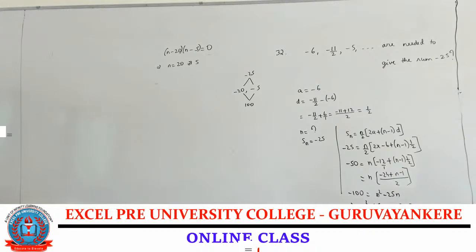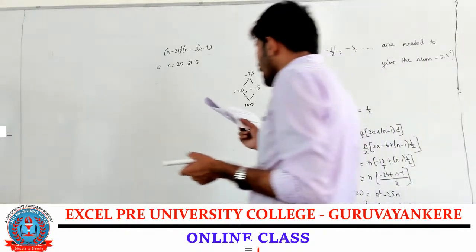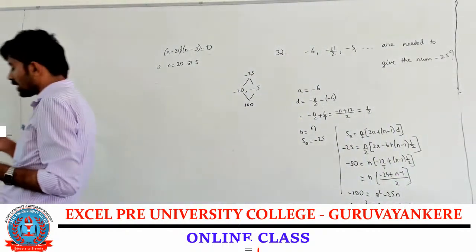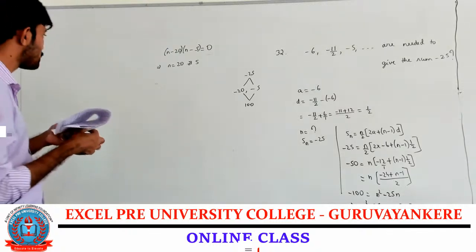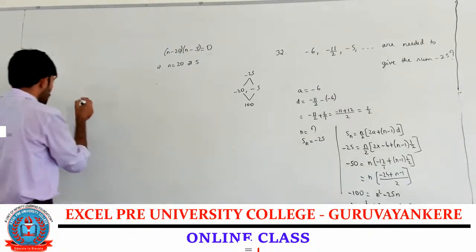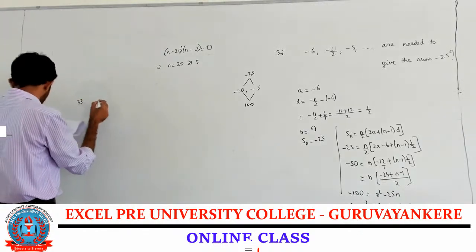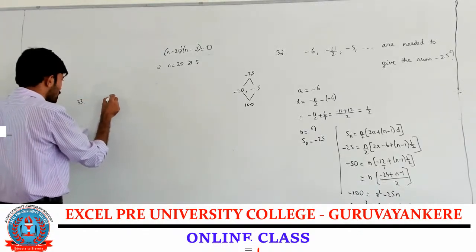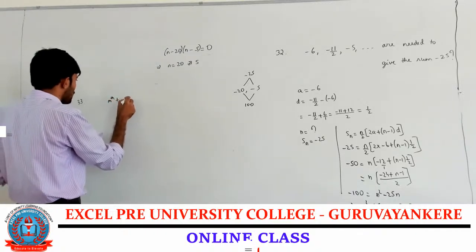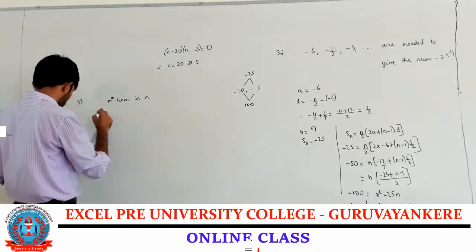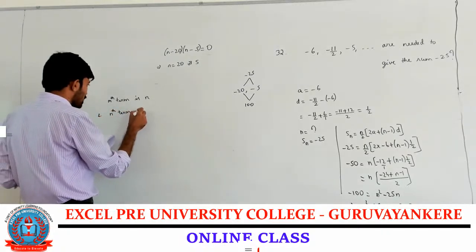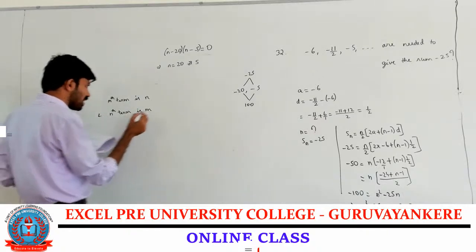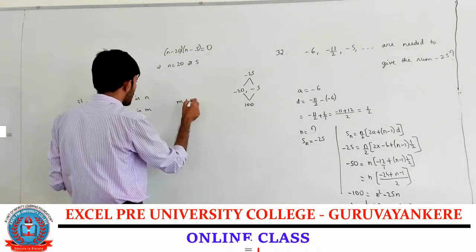Next one, question number 33. The mth term of an AP is n and the nth term is m, where m is not equal to n.